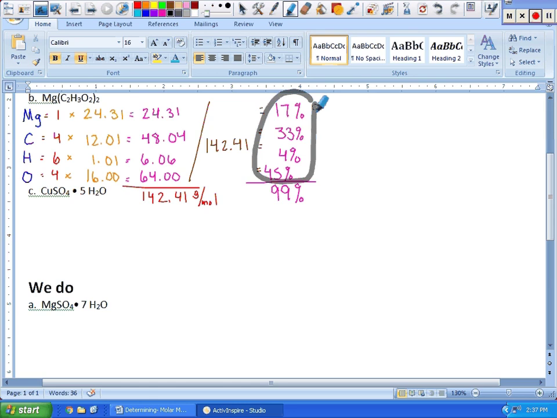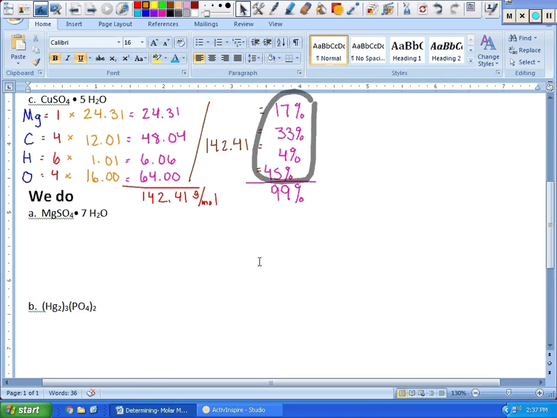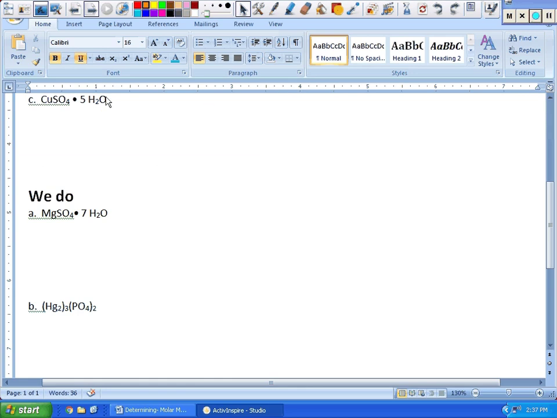Okay. Now, let's look at one more thing. All right. Does this one look a little bit weirder? Yes, if you're writing this on your own paper, yes, that is a dot, and yes, those are 5 waters. Here's what I want you to write behind this thing.